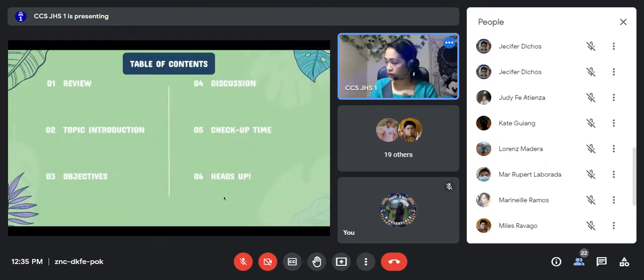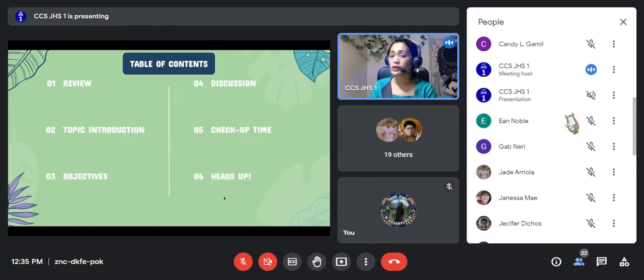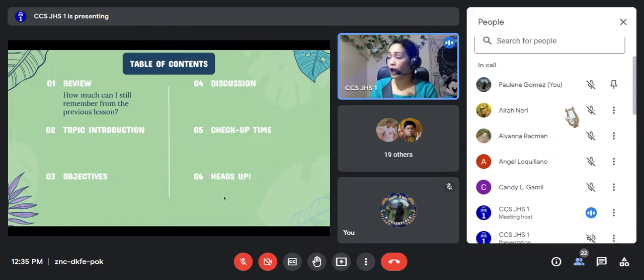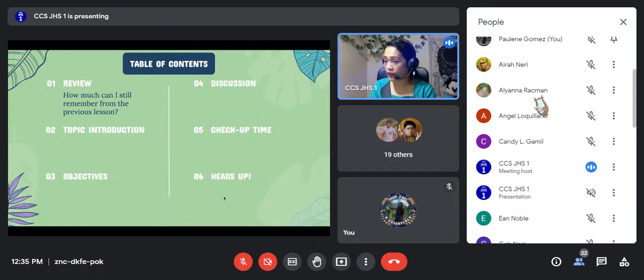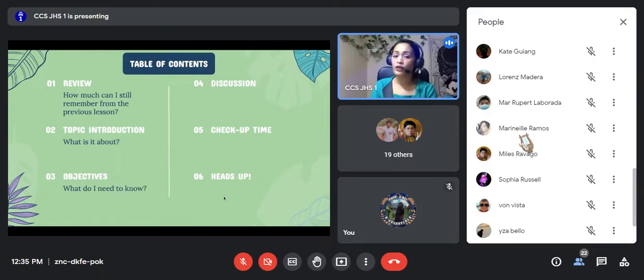So for today, our session will be divided again into six components or six segments. We will first have a short review based on what we've discussed from session one, and then the introduction of our topic for today, and then the presentation of our objectives, the goals that we would like to achieve at the end of the session.